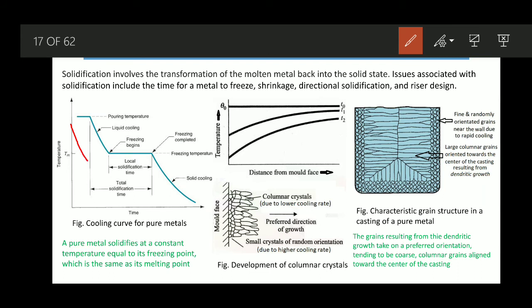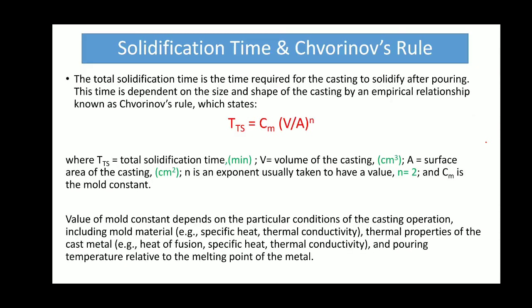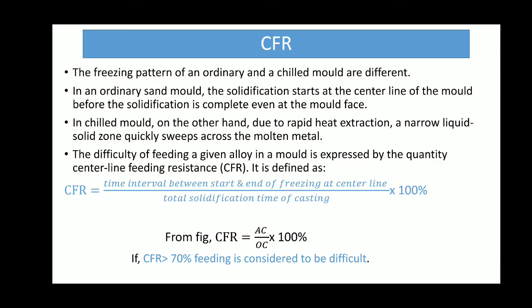That means it is in the liquid state, but it is cooling down, so there also we can expect some contraction. Similarly, when latent heat of fusion is given off and phase change is happening, then also there will be shrinkage or contraction. Similarly, during solid cooling also we can expect contraction. So these three stages are involved.